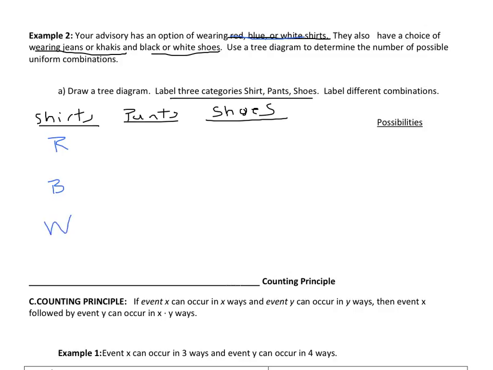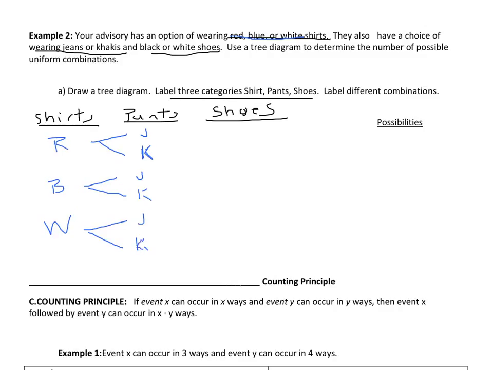Then, what are our possibilities for pants? Well, we can pick jeans or khakis. So if we pick the red shirt, then we can pick jeans or khakis. If we pick the blue shirt, we also can pick jeans or khakis. If we pick the white shirt, we also can pick jeans or khakis, right?